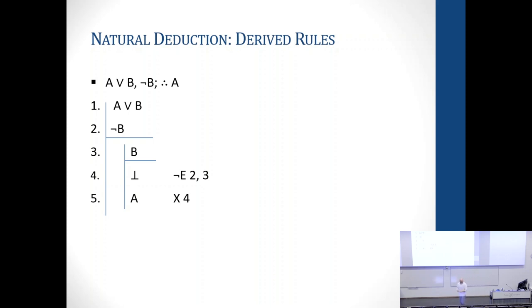What's next? What do I want to do at line 6? We're done with this subproof. Cool. So we can step back into our main proof line. But then what do I want to do at line 6? What sentence do I want to get? Yeah, we're going to open our second subproof. And what does this second subproof start with? A. It's our other disjunct, right?